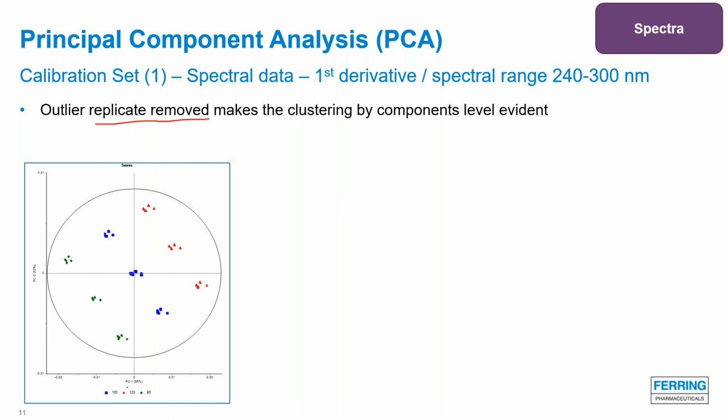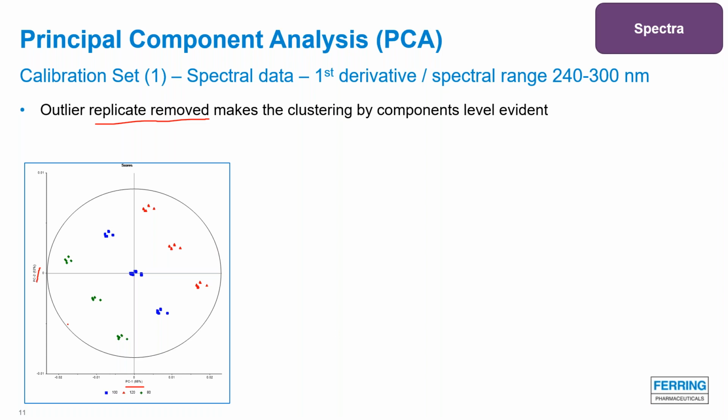So this is the score plot where I have PC1 against PC2. So principal component 1 versus principal component 2. Principal component 1 is explaining 88% of the variation, and PC2 is explaining 12%. So together they are explaining almost 100% of the variation we have in the spectral data in our data set.